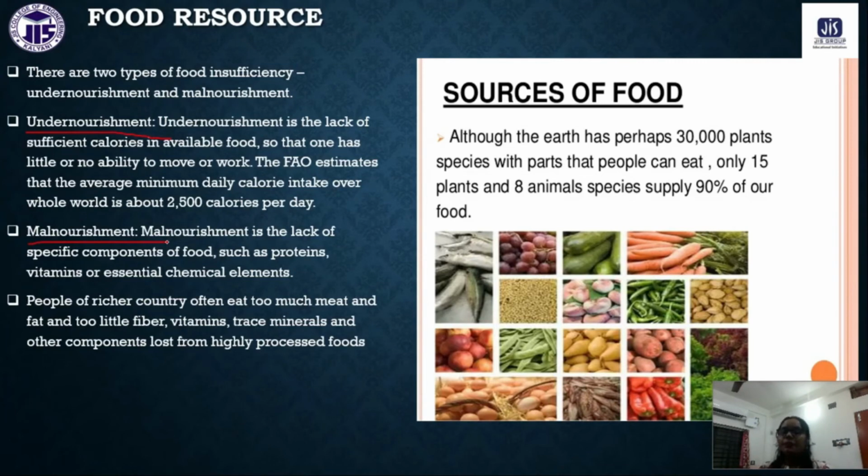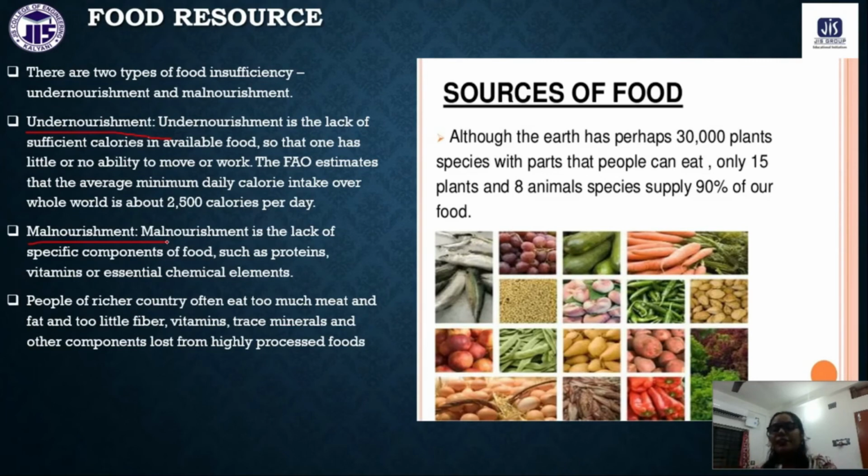And malnourishment means we are taking food, but not properly balanced. We should take food in a proper balance, like vitamins, minerals, proteins, animal proteins. We have to take them in a proper manner. When we don't maintain that balance, that is called malnourishment.